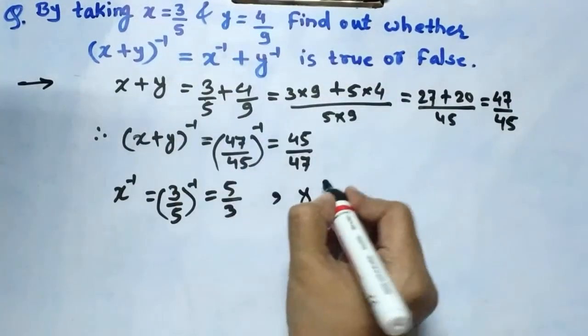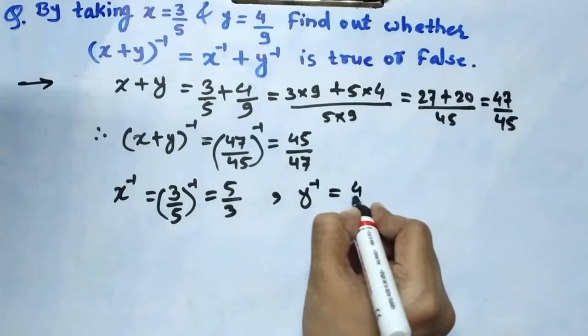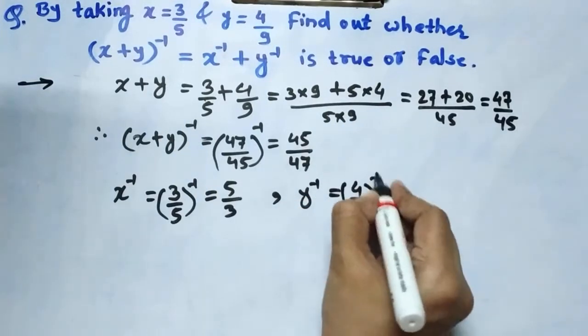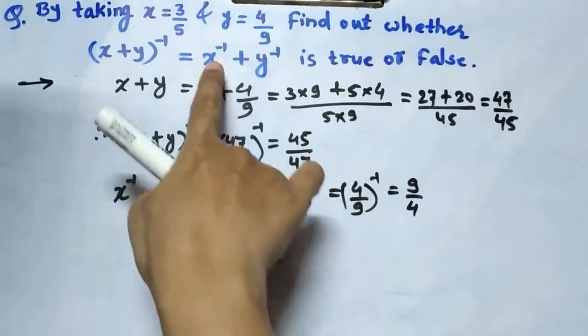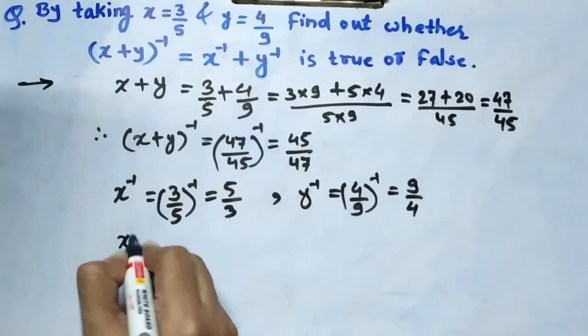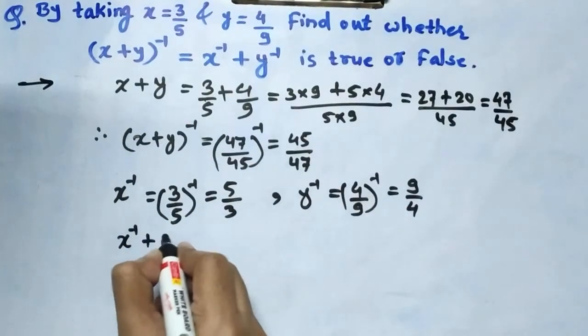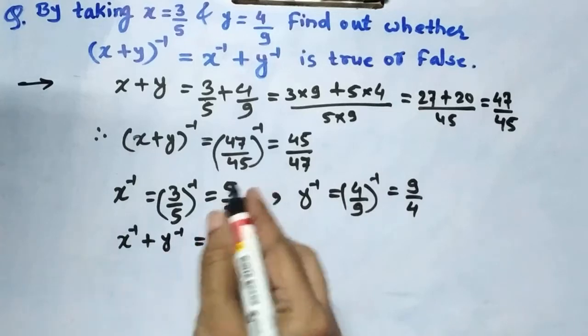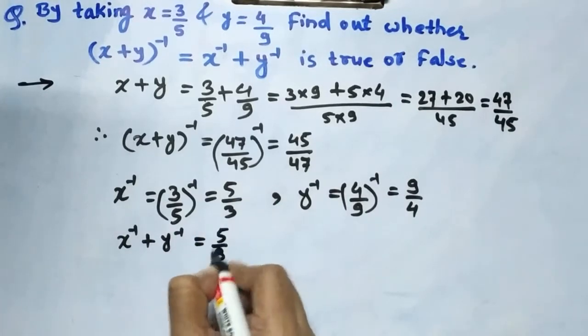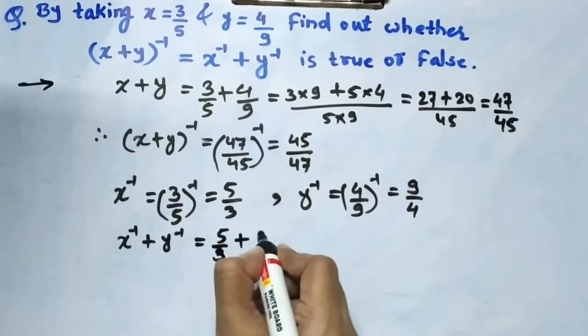Here y is 4 by 9, and its reciprocal is 9 by 4. Now these two, x to the power minus 1 and y to the power minus 1, the individual reciprocals, we will add: 5 by 3 with 9 by 4.